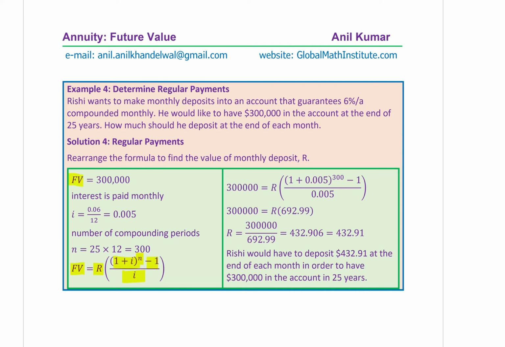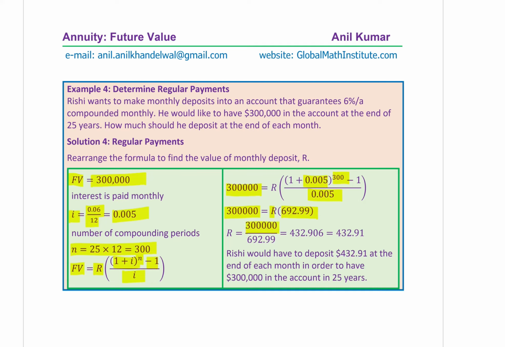What we really know is that the future value should be 300,000. The interest rate for the period will be 0.06 divided by 12, which comes to 0.005. The number of compounding periods, since it is for 25 years monthly, we'll multiply 25 by 12, so the n value is 300. You can also directly substitute the values and rearrange later. So 300,000 equals R times 692.99.